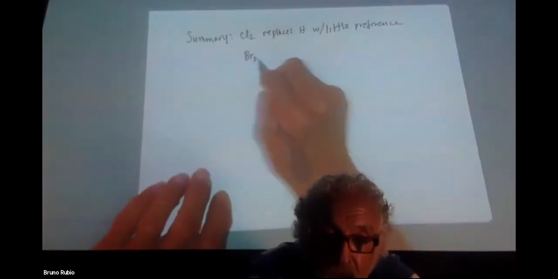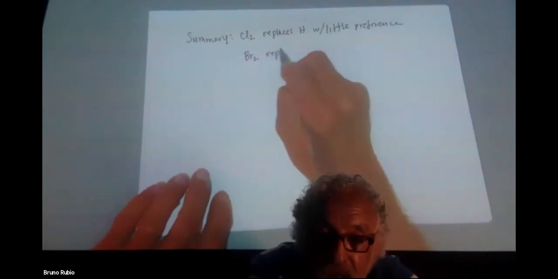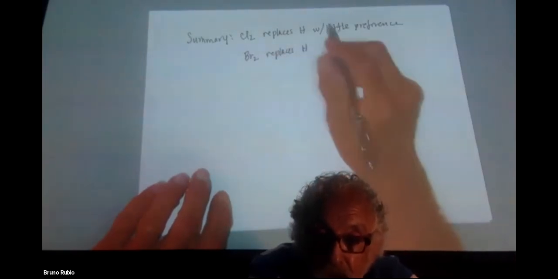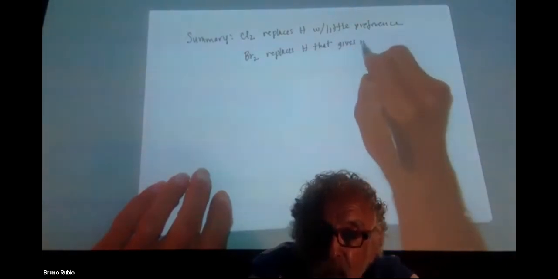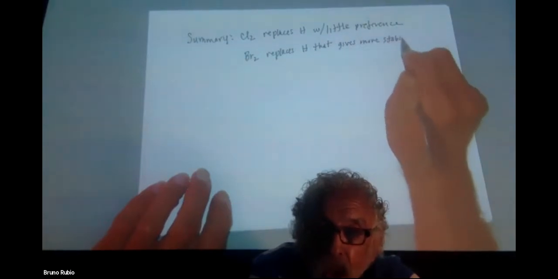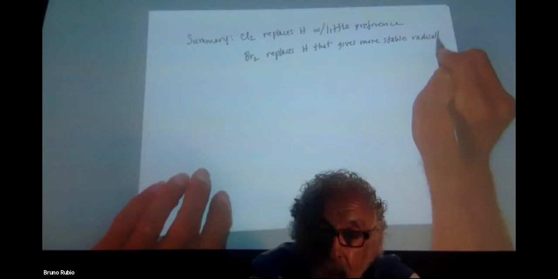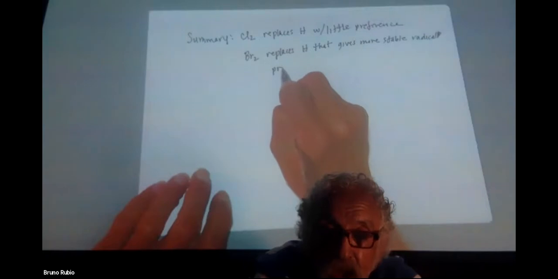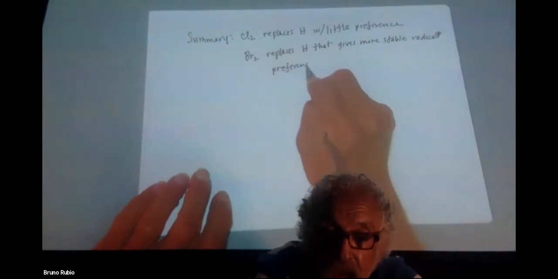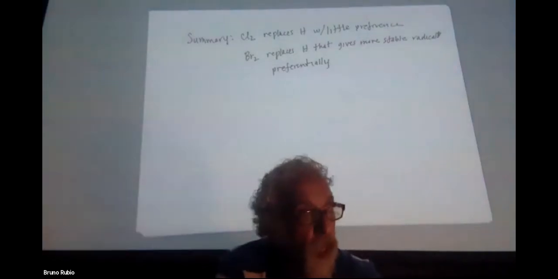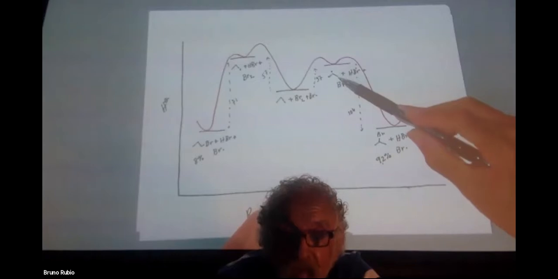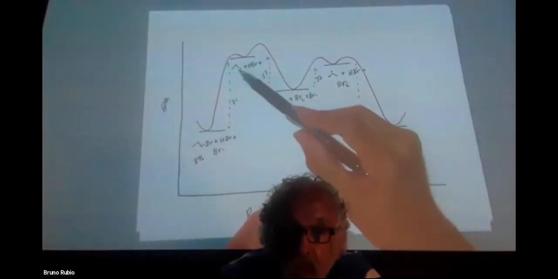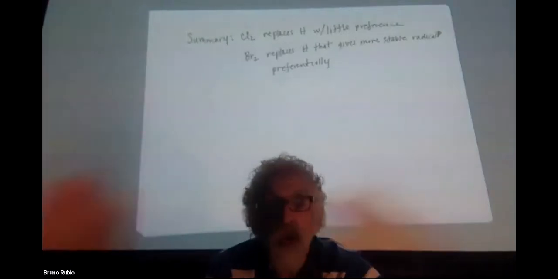But Br2 replaces the hydrogen that gives the more stable radical, preferentially. Right, that's what's happening here, is that the 92% product came from the secondary radical, which is more stable than the primary radical.